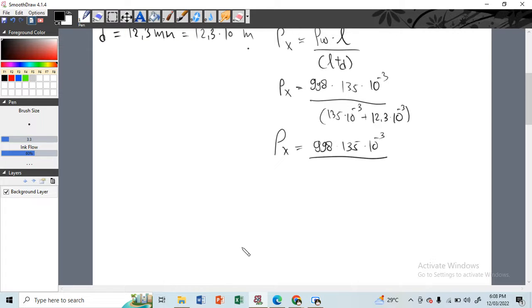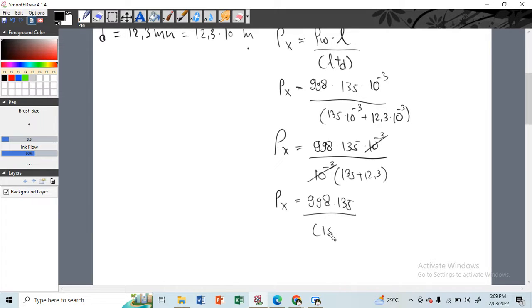The 10 to the power of minus 3 we could take out, and it cancels, leaving us 1. So rho x is equal to 998 times 135 divided by 135 plus 12.3.